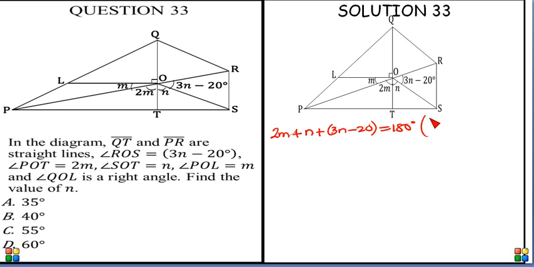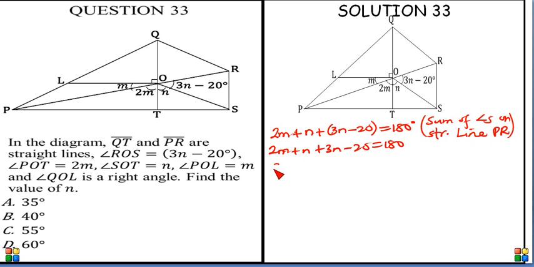This is because these are the sum of angles on straight line PR.